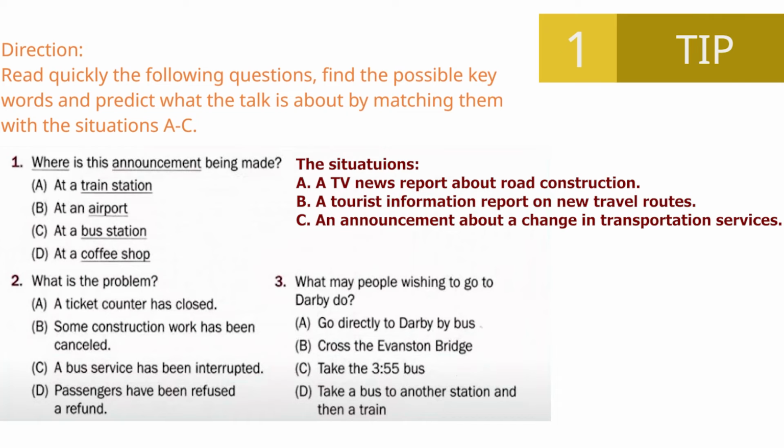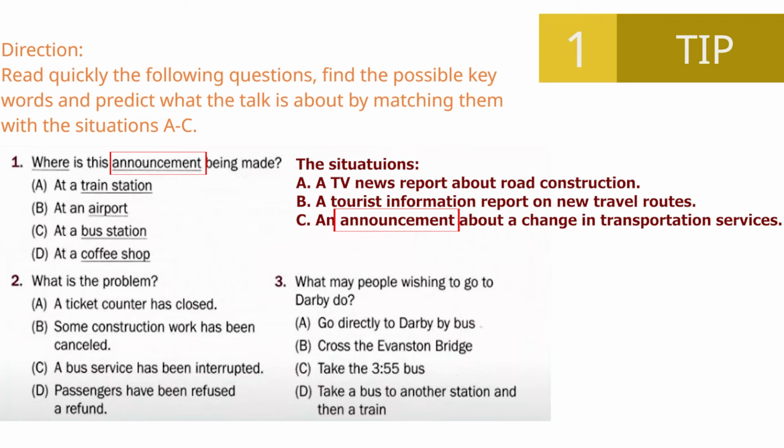In your opinion, among these 3, which one is the best situation for the first question? Okay, so here the answer is C. Why? First, because there is a similarity between situation C and the first question, that is the word announcement.